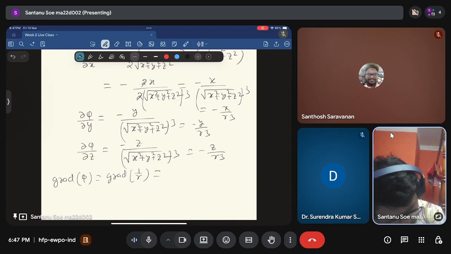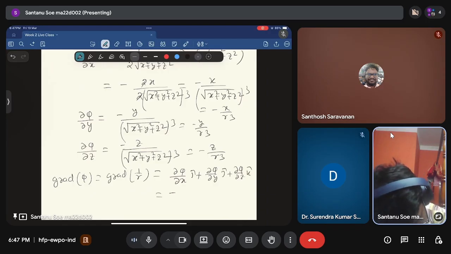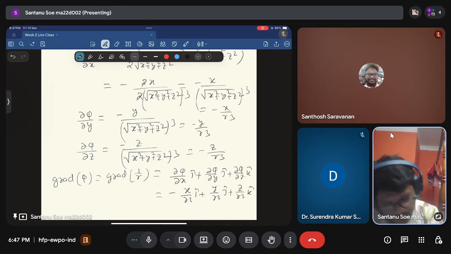Okay. So this is del phi by del x i cap plus del phi by del y j cap plus del phi by del z k cap. So this is minus x by r cube i cap minus y by r cube j cap minus z by r cube k cap.